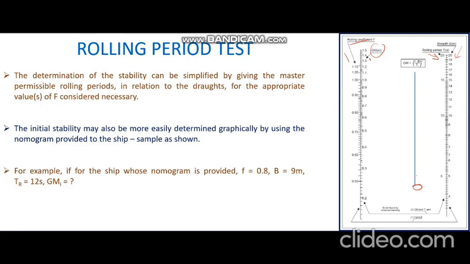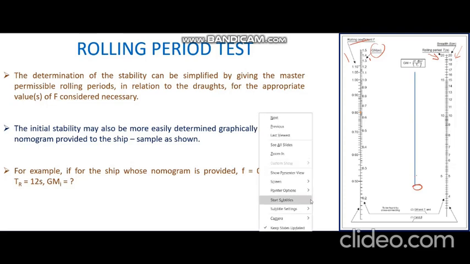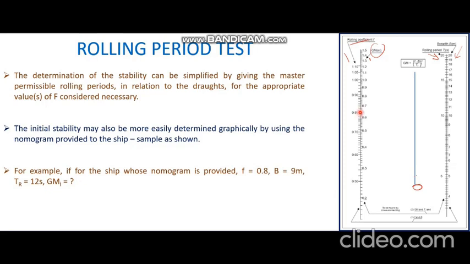You see, first, what do we plot? We plot the F. Where is the F plotted? You can see the red one. Let me change to the laser so that I can show you. Here it's 0.8, right, beta? F, correct? Okay. And then on the other side, we mark the breadth of 9 meters.